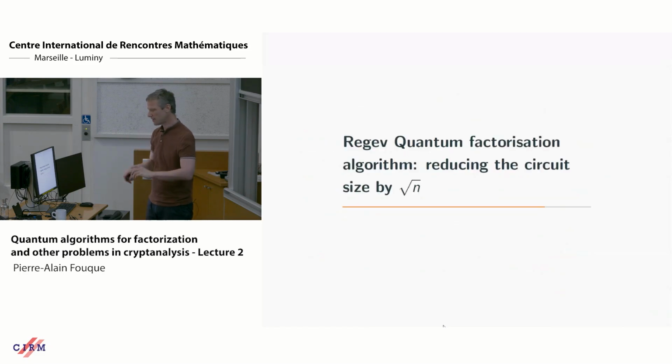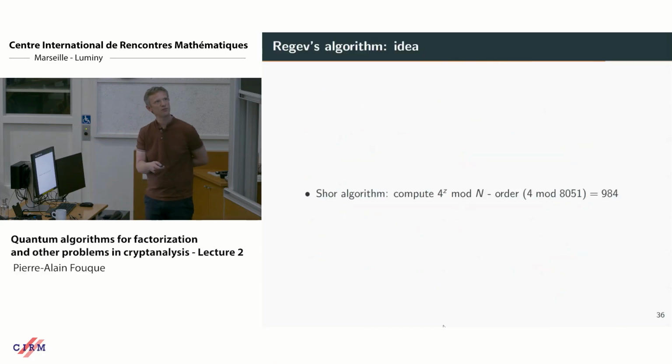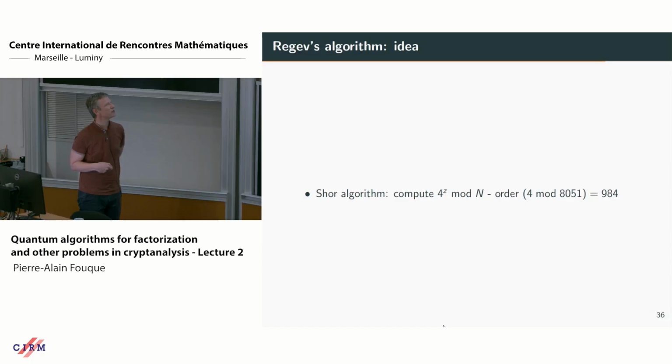Now maybe I can try to explain how Regev algorithm works. Remember in Shor algorithm, I begin with some value and I compute the order of 4. I begin with 4 because I know that 4 is 2 to the 2, so I ensure that I will be able to compute the square root at some point.